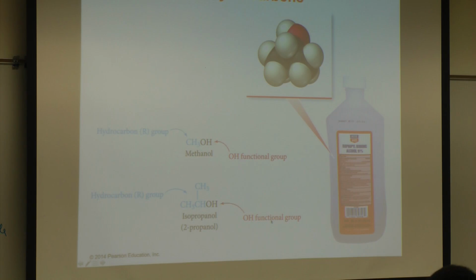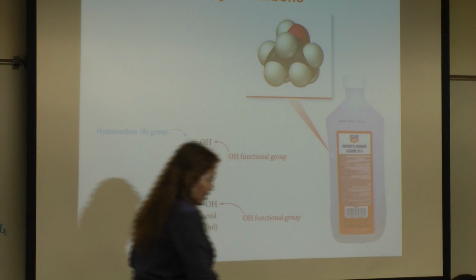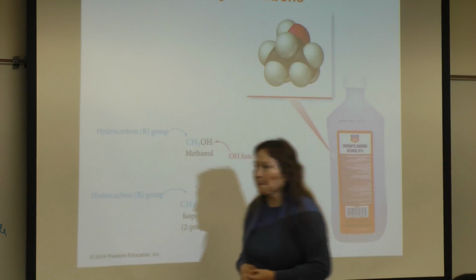Isopropanol. And then, what is the alcohol that we like to relax with on a Friday night? That's found in our beer. Ethanol. Yeah, ethanol. So I'm gonna try to make ethanol.